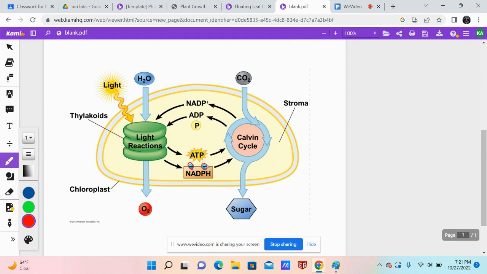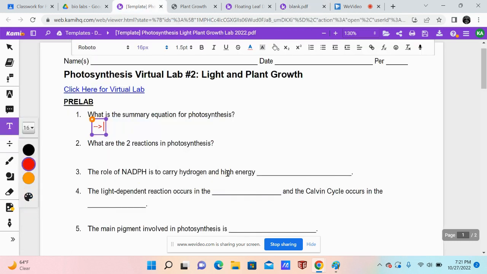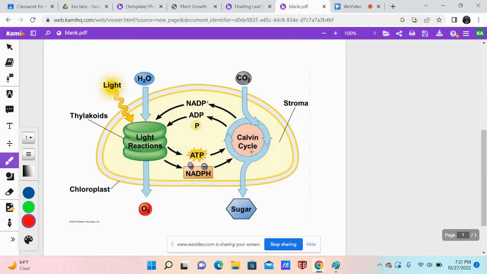So for 3, put electrons. NADPH carries high energy electrons, and those are needed over here in the Calvin cycle. Without those electrons, there's no Calvin cycle. Without the Calvin cycle, there's no glucose sugar.